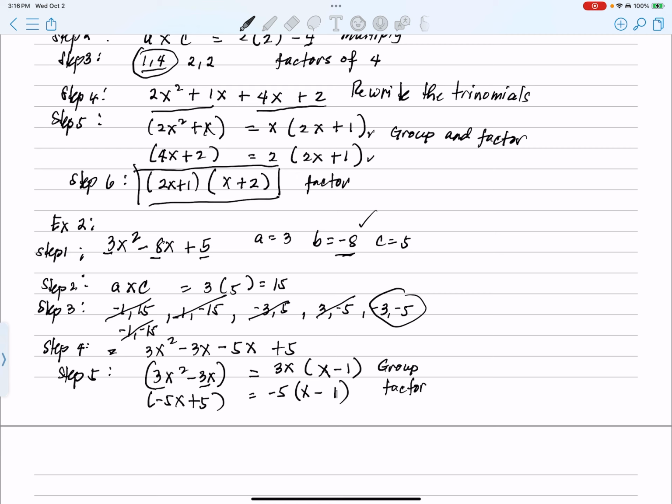So what will be our factor this time? Our answer. Write the common factor, which is x minus 1. And next, write down the coefficient of its factor. So the first one is 3x, then minus 5.